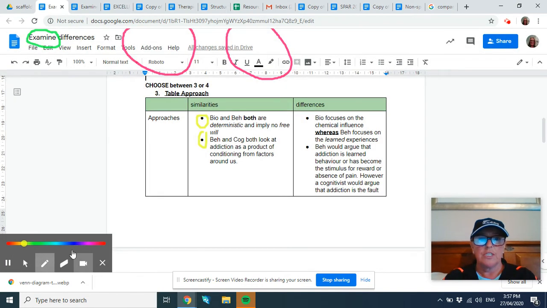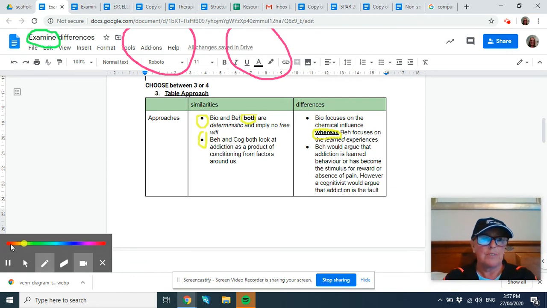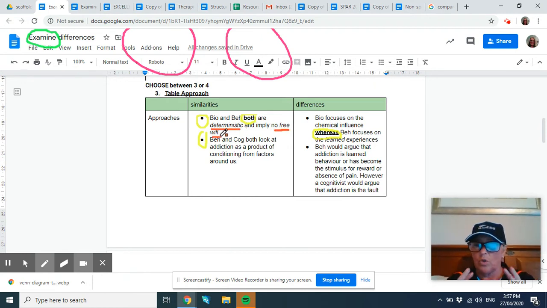What I want you to notice is where I have highlighted language of structure, so literacy that you need, and where I have italicized the kind of words that belong to psychology.